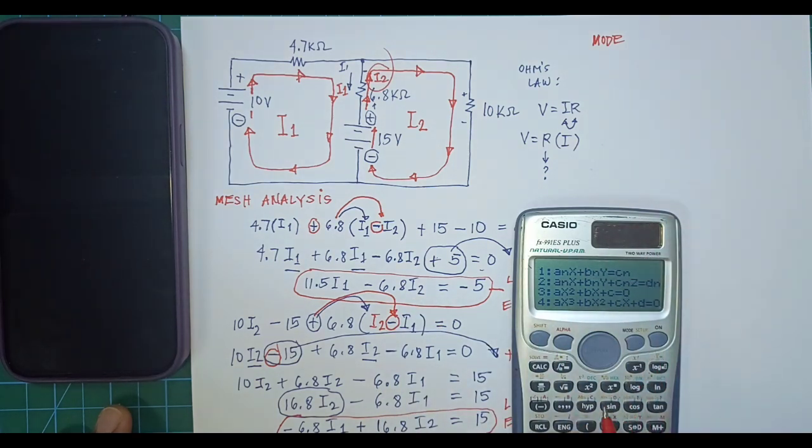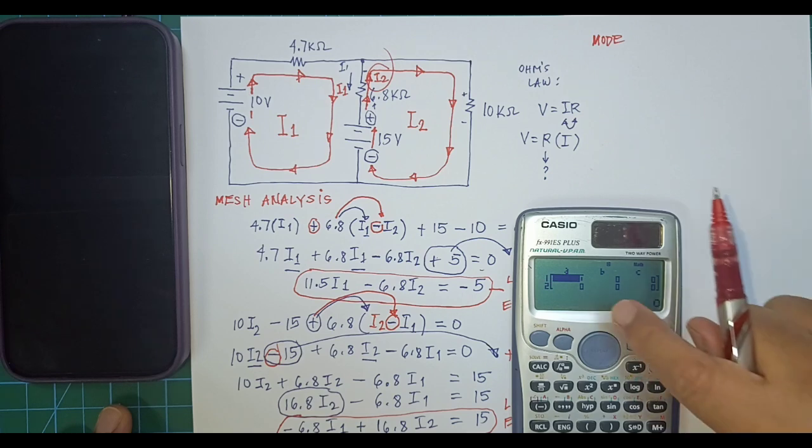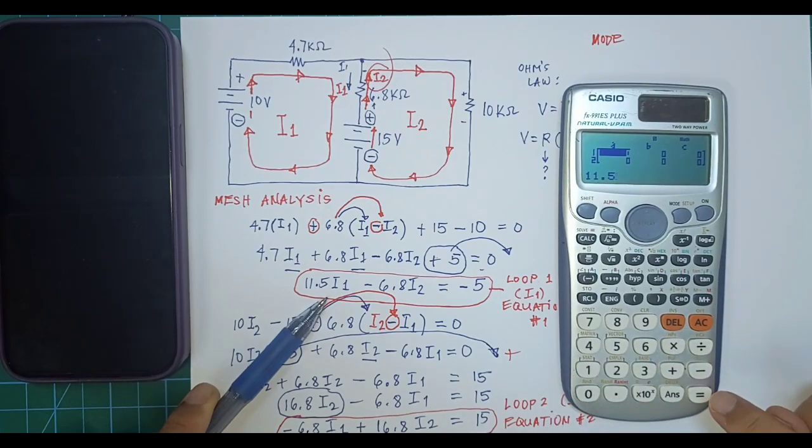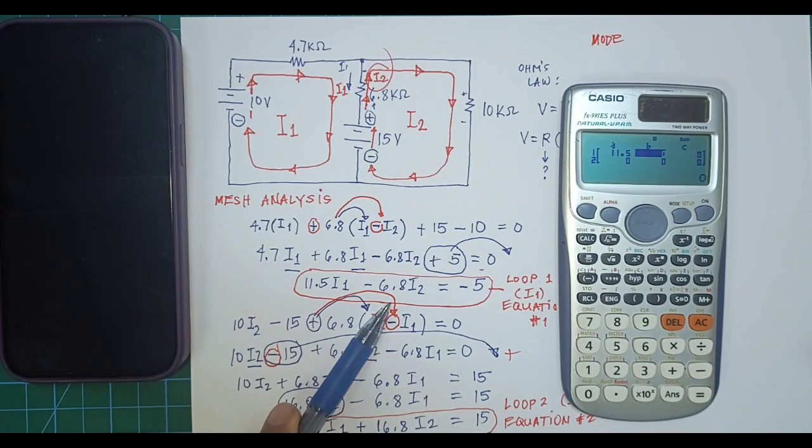So I'll press number 1. Now we just need to write the number for our I1, which is 11.5, and then press the equal sign. After that, we have the second term, minus 6.8.